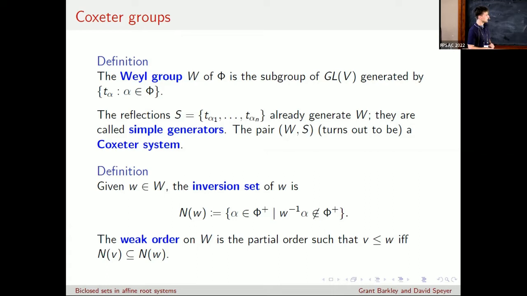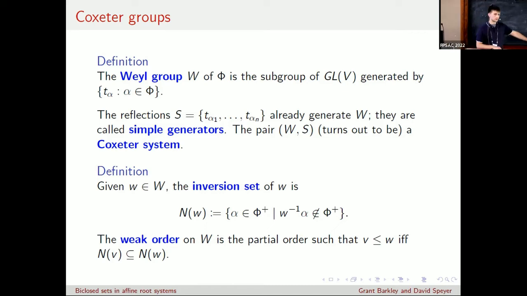This will be the set of all positive roots which are sent to a negative root by W inverse. Remember, our W is acting via linear transformations, and alpha is a vector. So we can just act via W inverse on our vector, and if it doesn't get sent to a positive root, then it's an inversion of that group element.